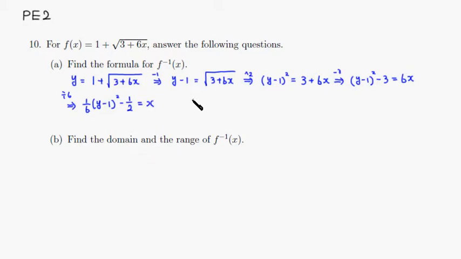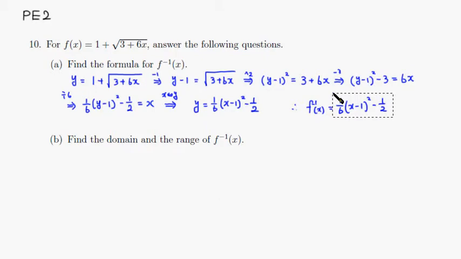Then we can switch x and y, so we get y is equal to 1 over 6 times (x minus 1) squared minus 1/2. So that is the formula of f inverse of x: 1 over 6 times (x minus 1) squared minus 1 over 2. So that's the formula.